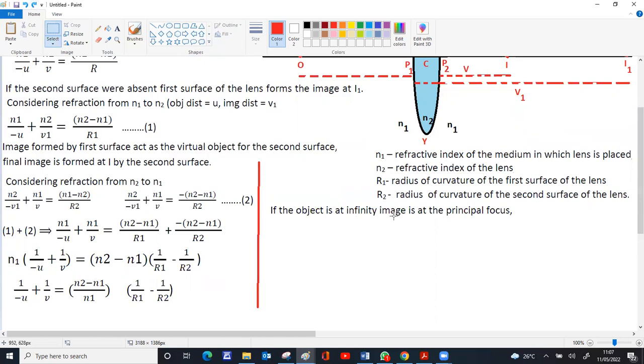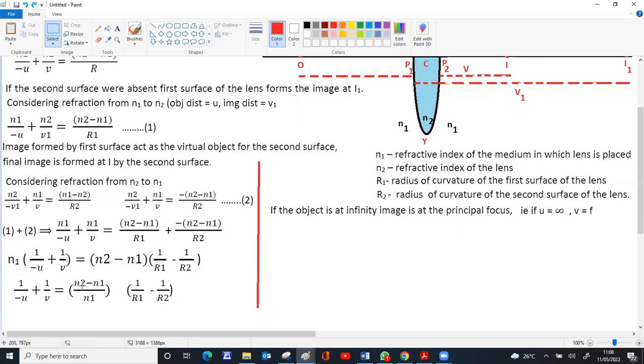If you keep the object at infinity, the image is formed at the principal focus. So if U is infinity, V will be F. You can substitute here 1 by infinity and 1 by F. The rest remains the same.